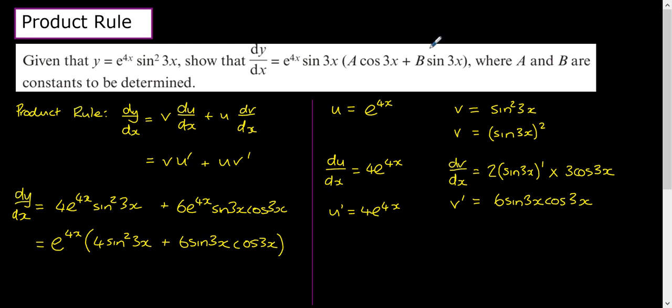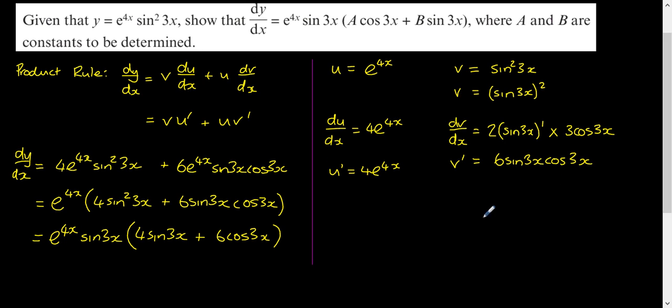Now, as we can see from this, the sine 3x is also a common factor. So we'll take that common factor out now, and we'll say e to the 4x sine 3x, and we're going from this bracket here. If we take sine 3x out as a common factor, we have 4 sine 3x here, plus 6 cos 3x here. Now, interestingly, to fully simplify, we could take a common factor of 2 out of this 4 and this 6.